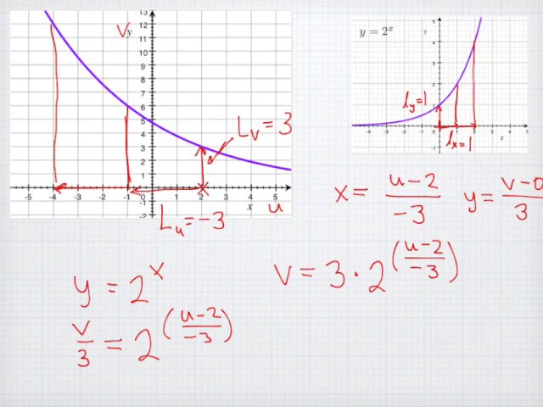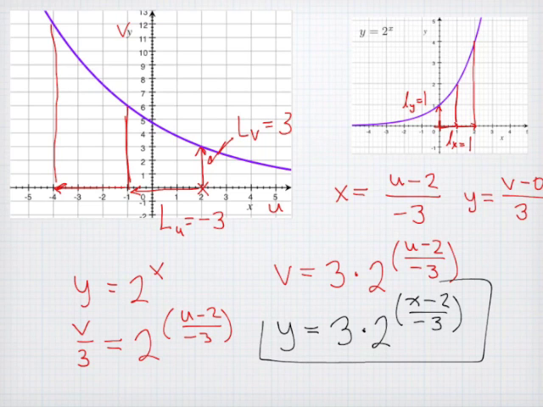We usually want to think of this in terms of our natural variables x and y, and so our transformed graph is given by our vertical scale of 3 times our function 2 to the power x minus 2 to center it, divided by -3 to rescale it and to reflect it. And that is the equation of our graph.